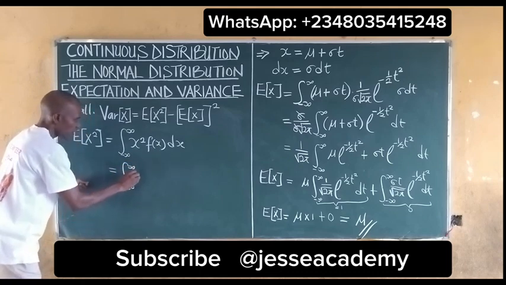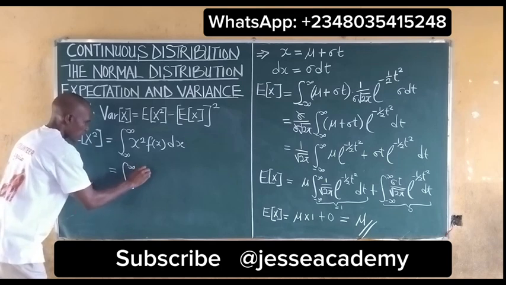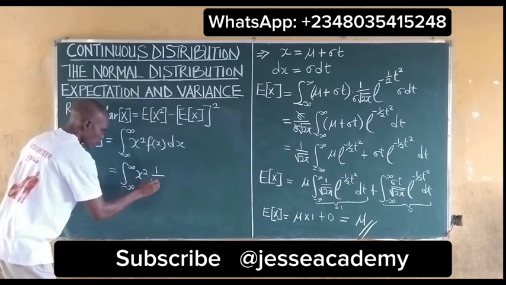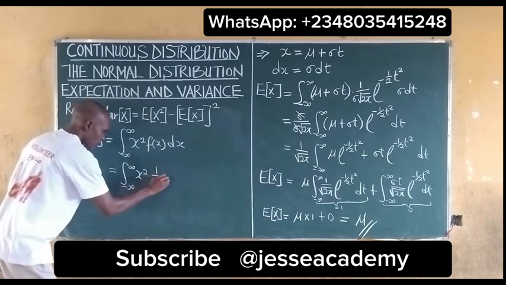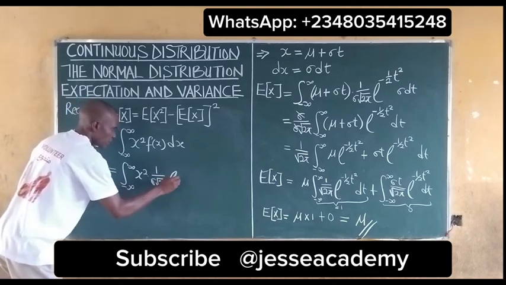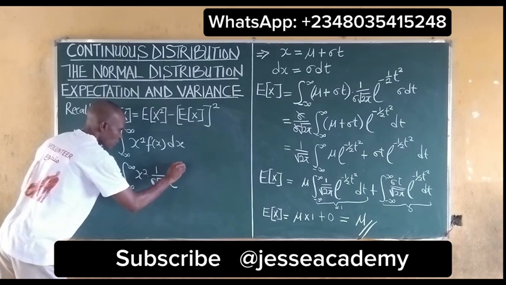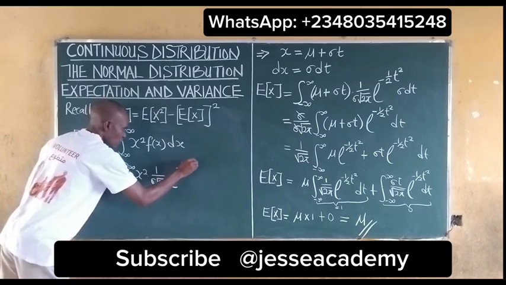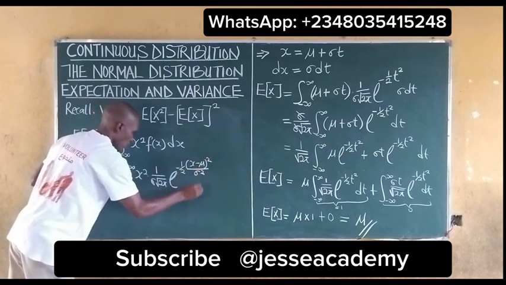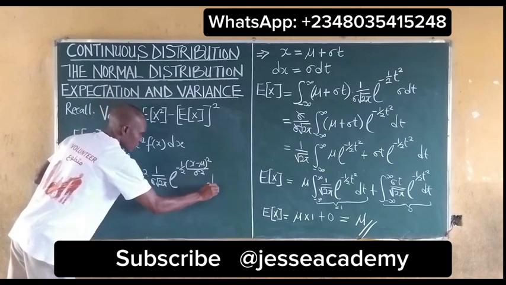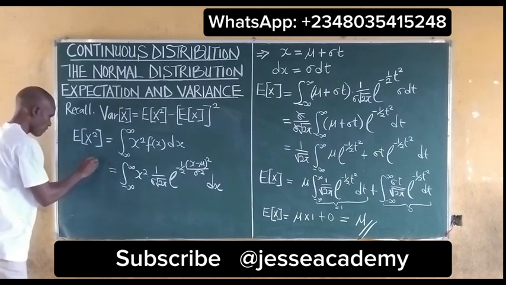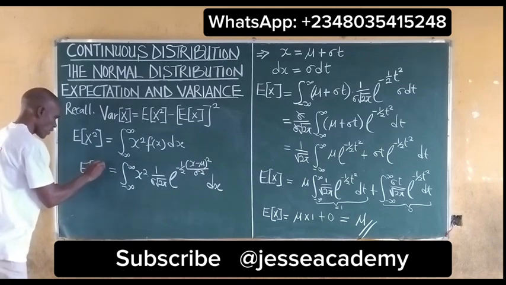infinity to infinity of x squared multiplied by 1 all over sigma square root of 2 pi, exponential negative 1 all over 2 times x minus mu squared all over sigma squared, dx. So this is our expected value of x squared.